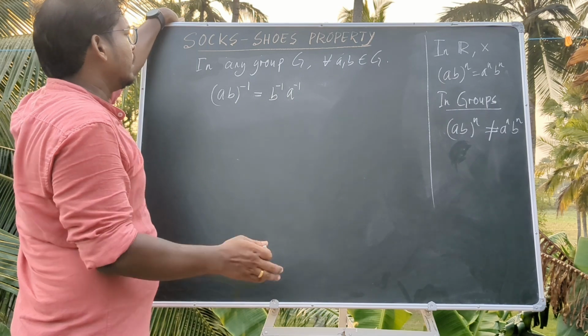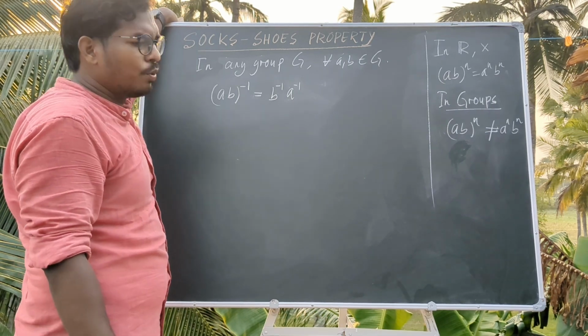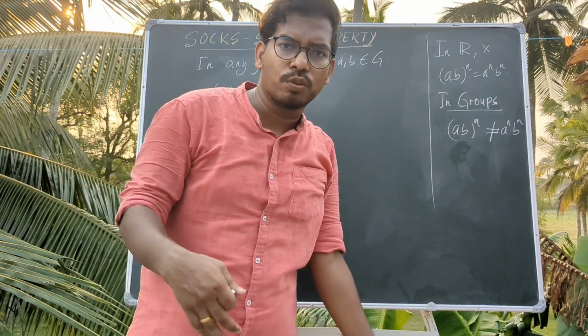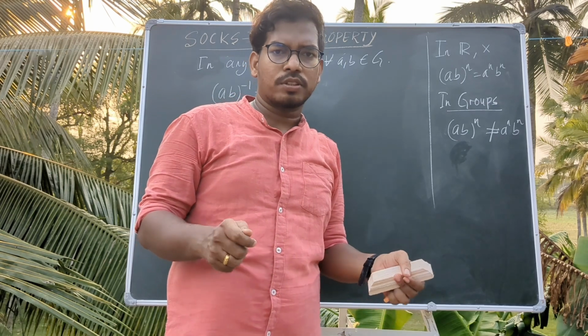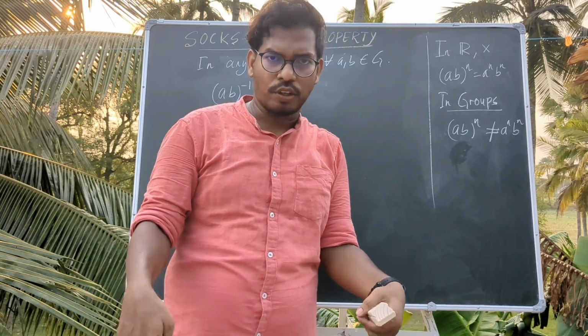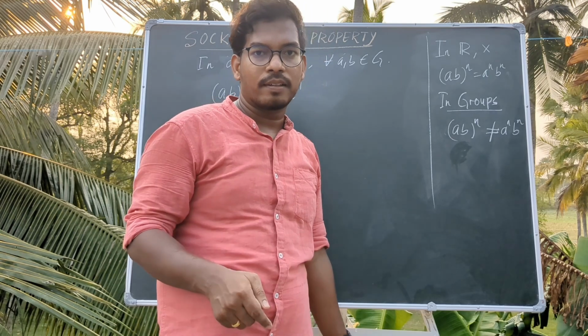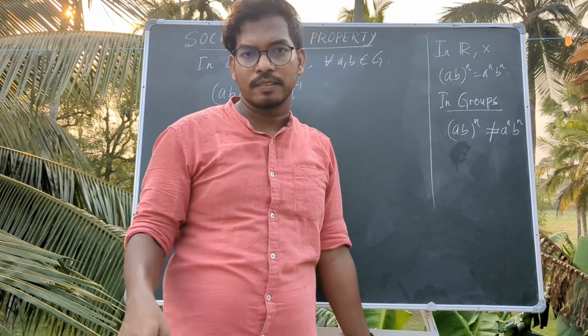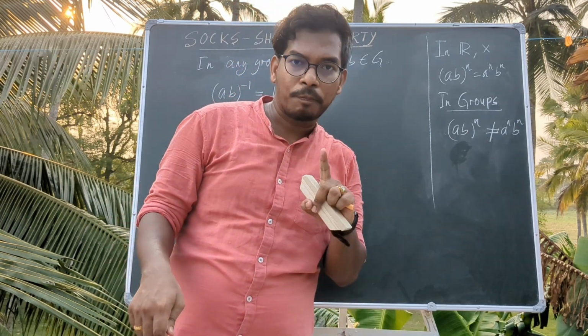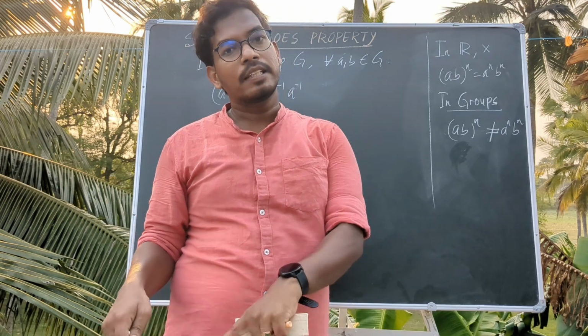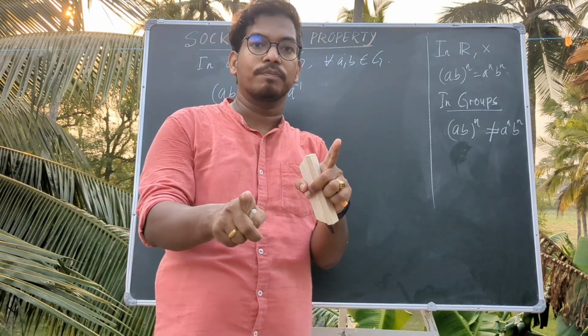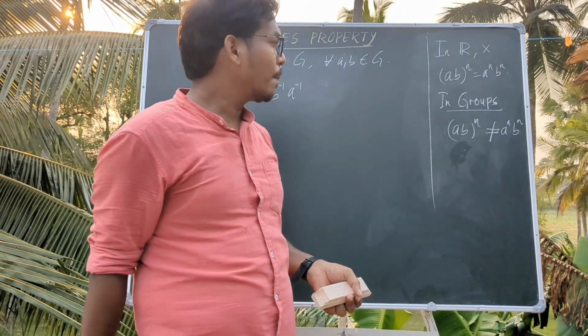And this property has this funny name because when you are getting ready to go out, you first put on your socks, then your shoes, but when you come back and take off the things, you first take off your shoes, then your socks. So you are reversing the order.